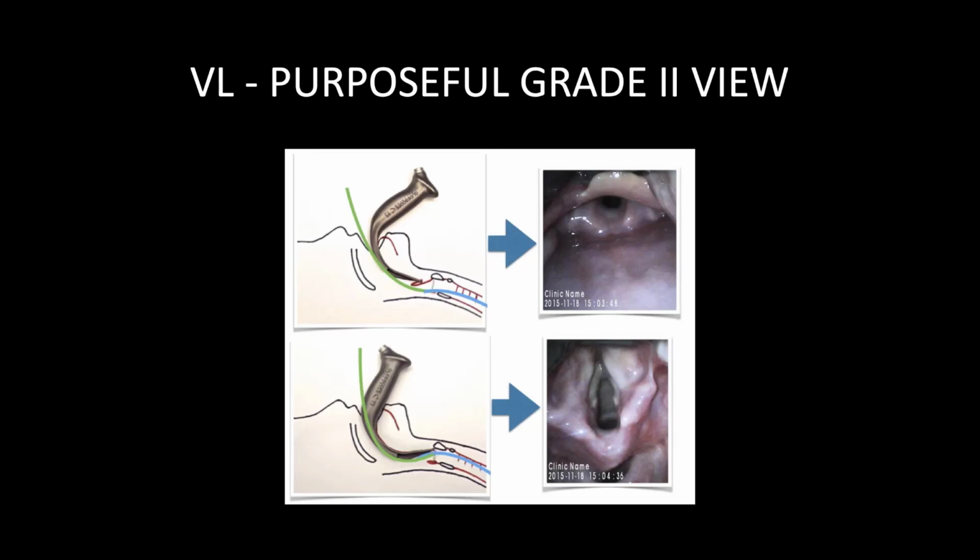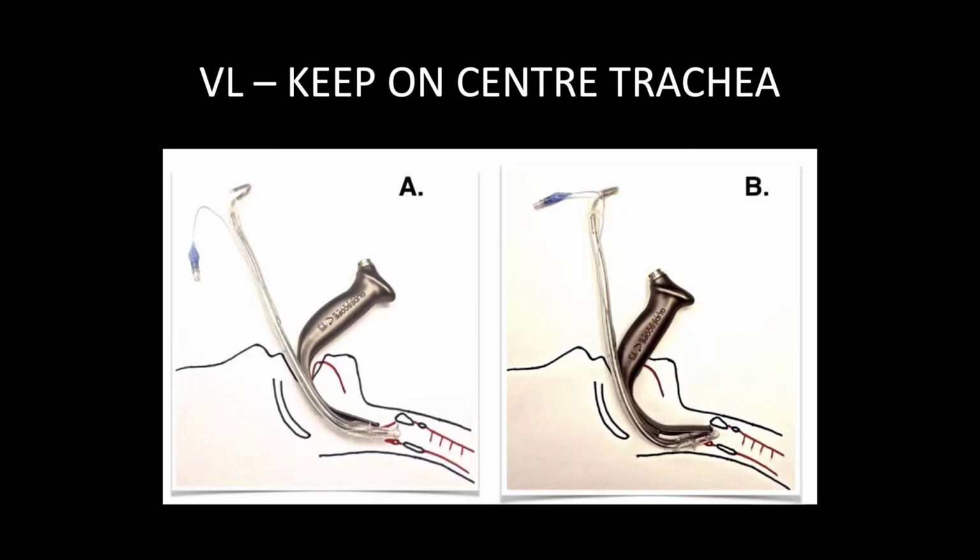What we advocate here is to insert the video laryngoscope blade into the mouth, rotate around the tongue until you visualize the epiglottis. Continue to advance the video laryngoscope until you've generated a grade 1 view, but then back it out by a couple of centimeters, where you're essentially creating a bit of a soft grade 2 view, and this will make it much easier for you to be able to pass a styleted tube through.